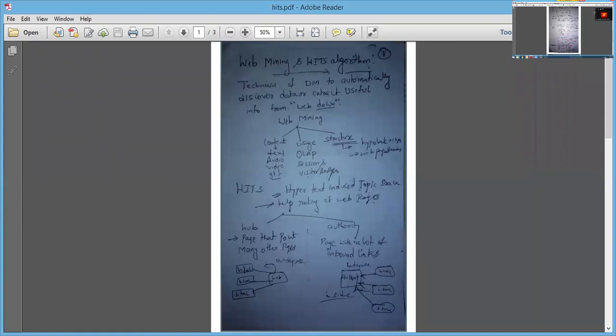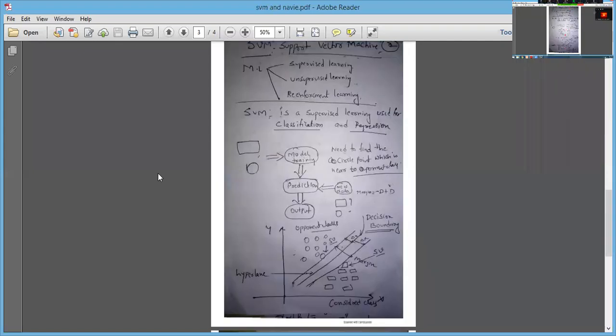Suppose I am searching for a quadrilateral in my given data, then it is going to be the consider class. Whatever I'm searching apart from the quadrilateral is going to become the opponent class. Okay, so this much we have studied in the last class.